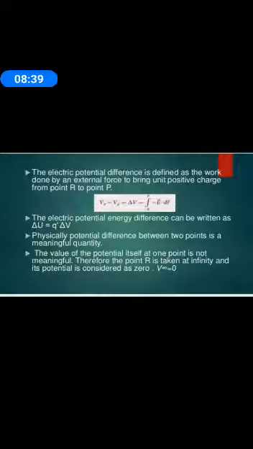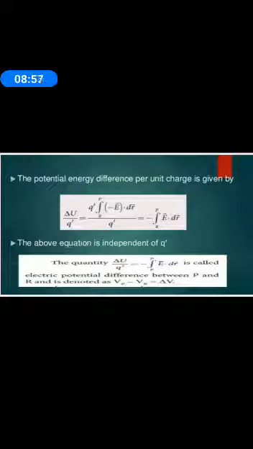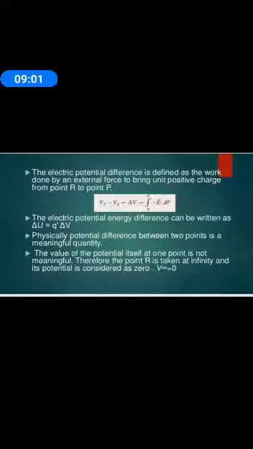We already know Vp is the electric potential at the point P and Vr is the electric potential at the point R. So the difference in this electric potential is called electric potential difference, Vp minus Vr, or you could write it as delta V. We already derived that delta V is nothing but minus integral of R to P E vector dot dr vector.